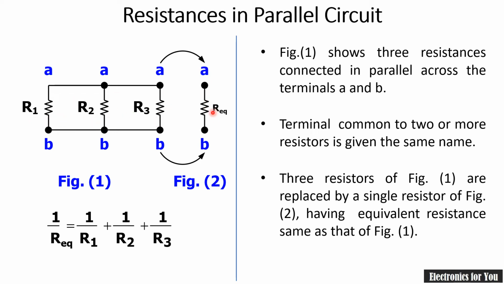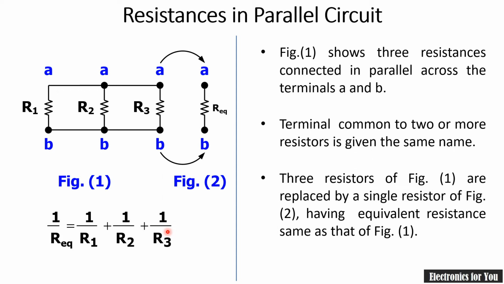In parallel combination, 1 upon R equivalent is equal to 1 upon R1 plus 1 upon R2 plus 1 upon R3. If more resistances are connected, their reciprocals will be added. Therefore, in case of parallel resistances, the reciprocal of equivalent resistance is equal to the sum of reciprocals of individual resistances connected in parallel.